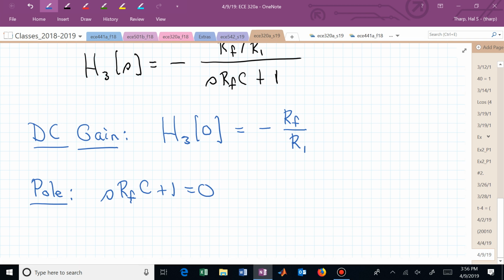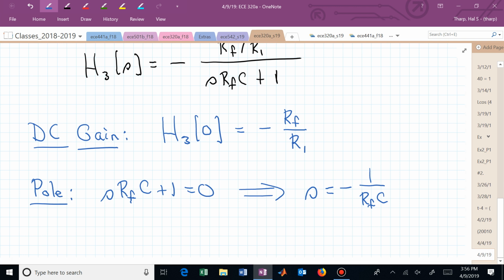We set that denominator equal to 0 and solve for s, and that's where our pole is located. We have a pole at s equal to minus 1 over R sub f C. We have a DC gain. Let's not worry so much about the minus sign. We have a DC gain of R sub f over R1, and then we end up with a pole at a frequency of 1 over R sub f C.